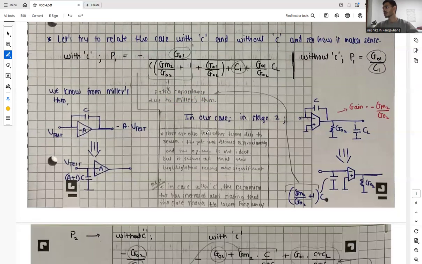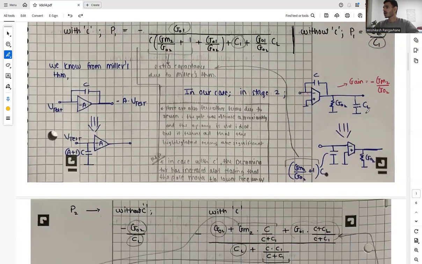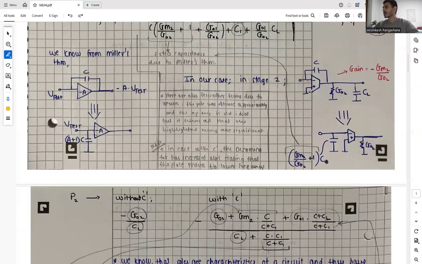So what is Miller's theorem? Basically, when at the input and at the output of any transconductor there is a capacitor linked, let's say the gain of this transconductor is minus Gm2 upon Go2. So this is basically a transconductor with C in its feedback.